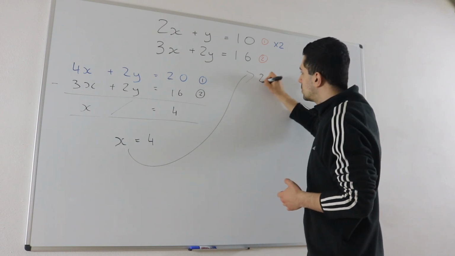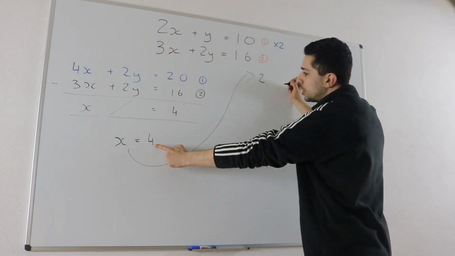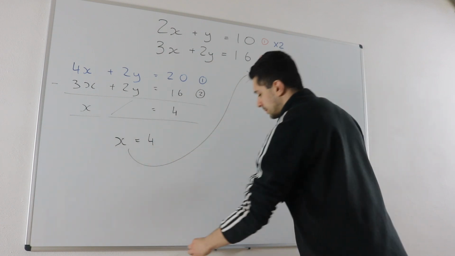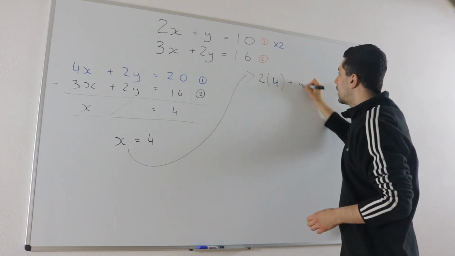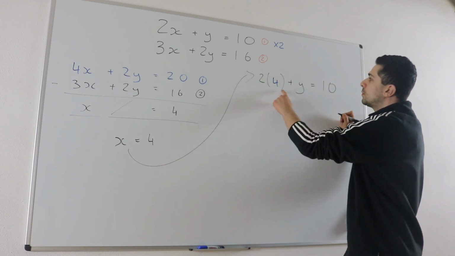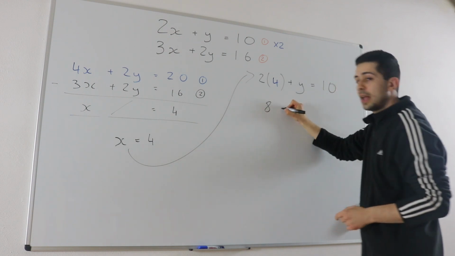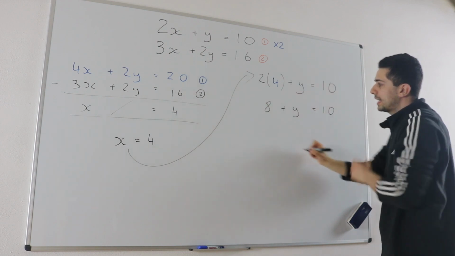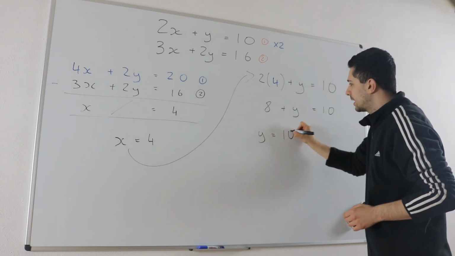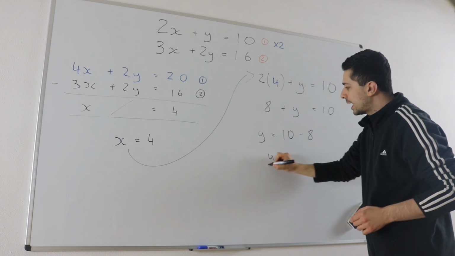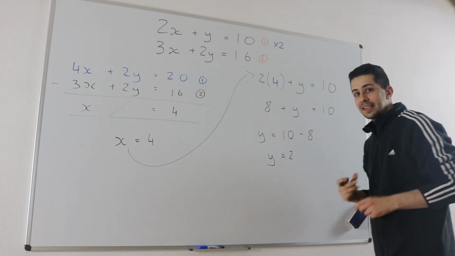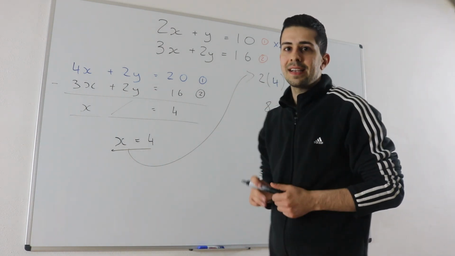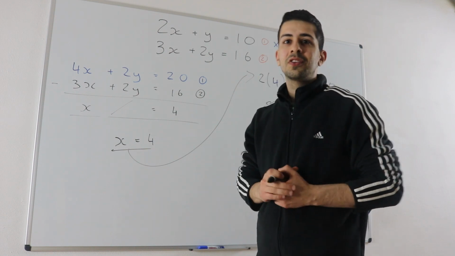So I have 2 times 4 plus y equals 10. 4 times 2 is 8, plus y equals 10. I take 8 to the other side, y equals 10 minus 8, so y equals 2. And like that, I have found both x and y, and I have solved the simultaneous equation. Let's move on to another problem.